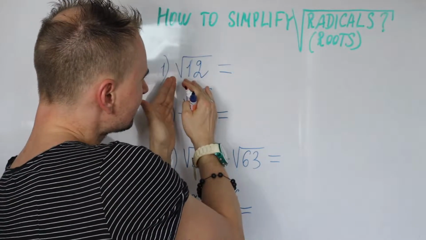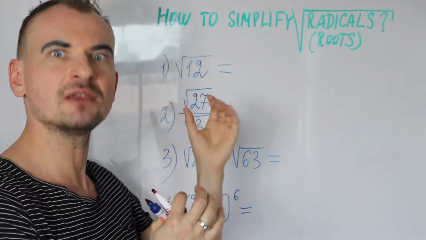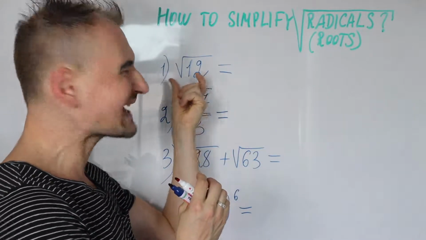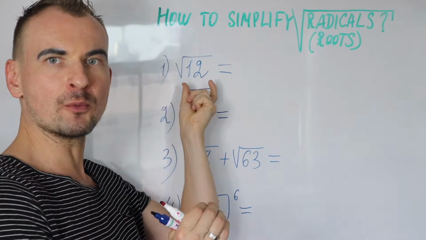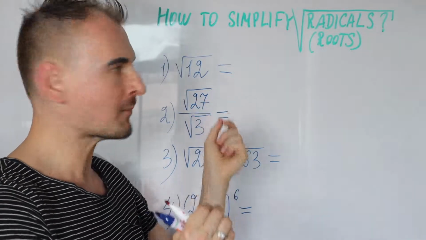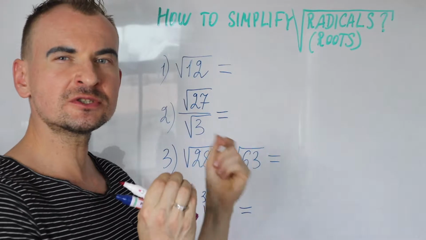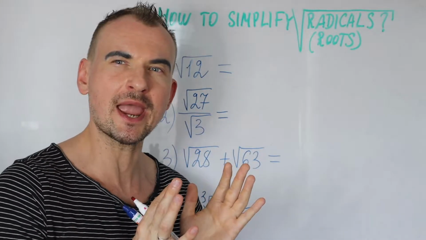When you have a number like 12, or it could be larger, try to break this number down. What you want to do is isolate perfect squares.